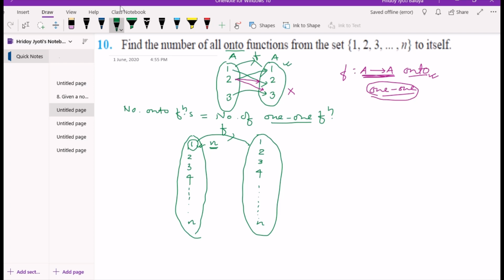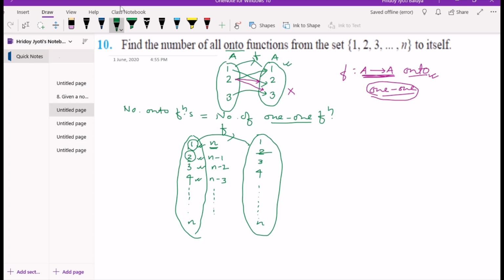Suppose 1 is connected to 2. So now I cannot connect 2 to this 2, otherwise it will not become one-one. So how many options for this 2 will remain now? Obviously n minus 1. Similarly for 3, it will be n minus 2, one more, one less. For this 4, another one less, that is n minus 3, and so on, right?